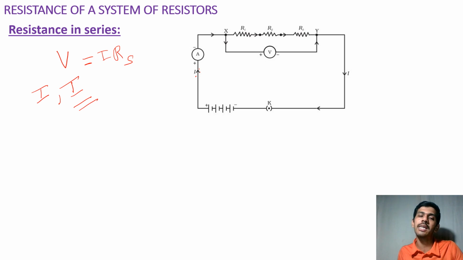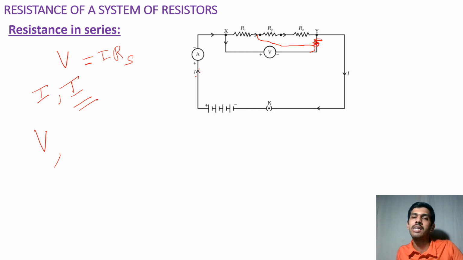Initially I measured the voltage here, when it was connected at the point X and the point Y, and I got the value V. Now, without changing the terminal at X, I remove the connection of the negative terminal of the voltmeter at Y, and move that negative terminal somewhere here like this. I see what value I am getting.